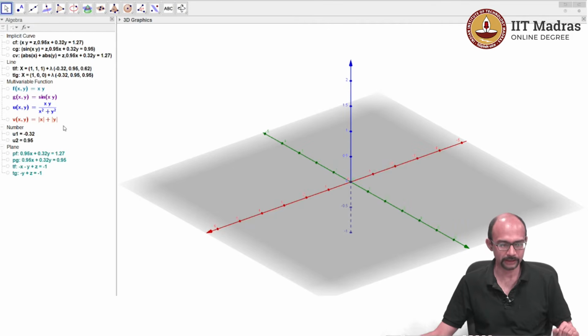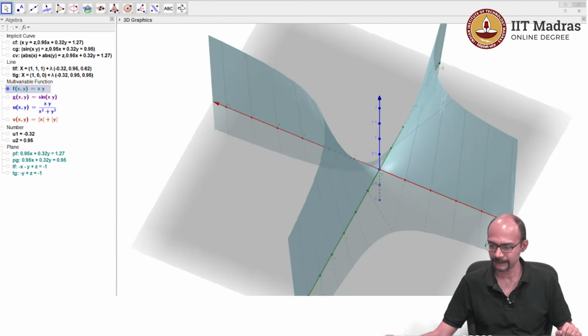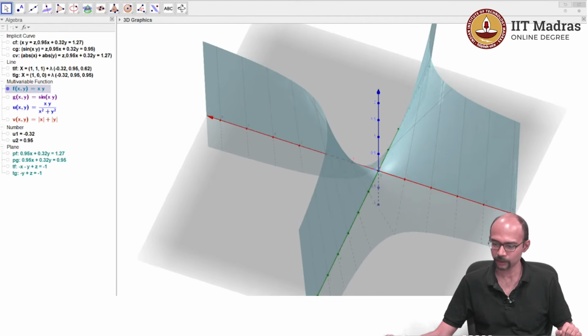Okay, so let us look at the function f of x y is x y. Here is the function f of x y equals x y. This is a rather interesting looking function. Let us look at the point 1 comma 1. Let us take a plane passing through that point according to this unit vector.